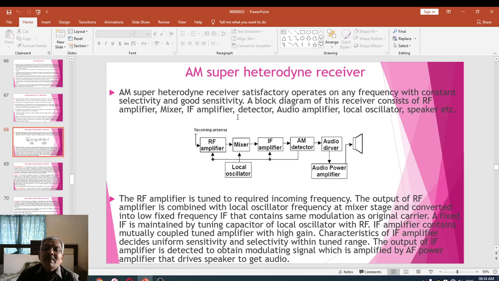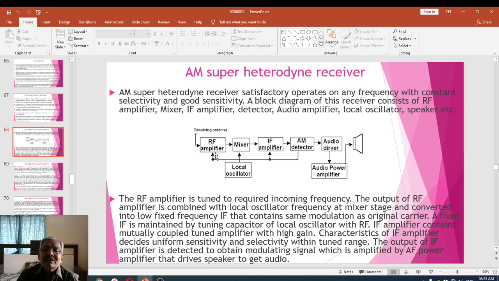In general, the signal transmitted by the transmitting antenna is intercepted by the receiving antenna. It converts electromagnetic radiation into RF signal. This receiving antenna is tuned to the incoming signal from the AM transmitter. It receives that particular frequency.